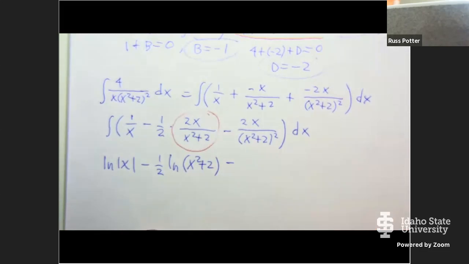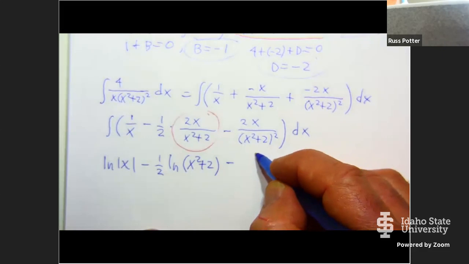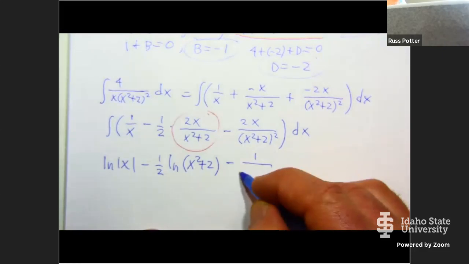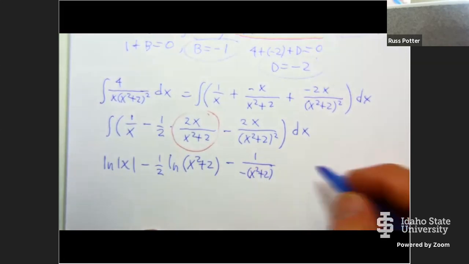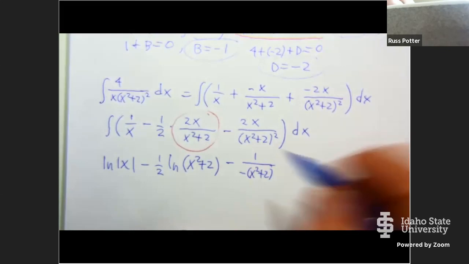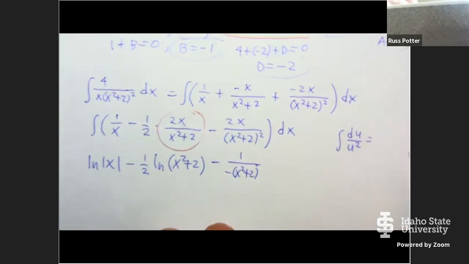And then minus, well, we're going to get one over negative x squared plus 2 to the first. So just to remind you, if you have something like du over u to the second, this is the integral of u to the negative 2 du.